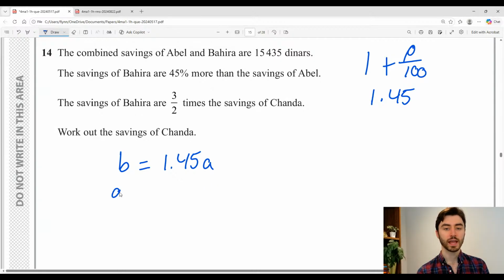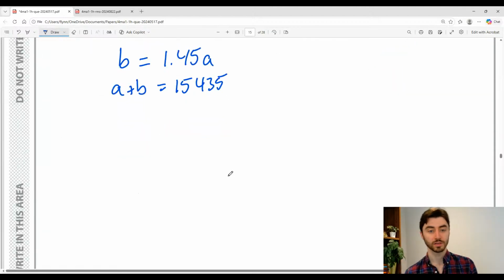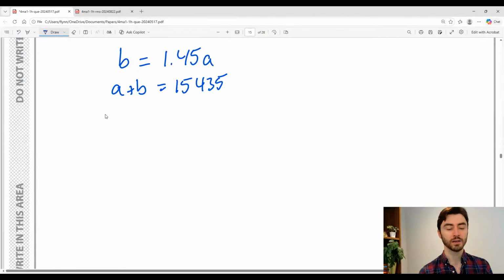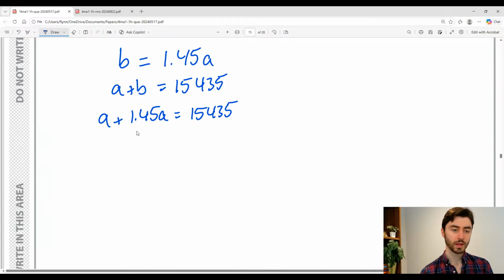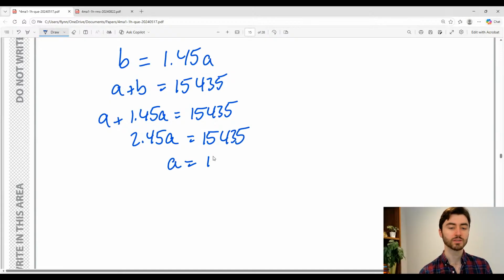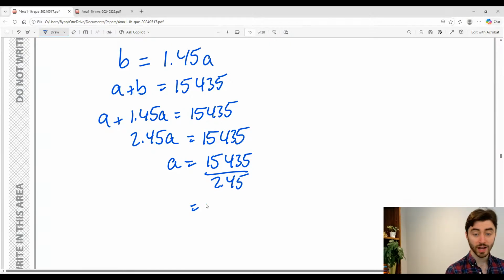And we have that A plus B is 15,435. This gives me simultaneous equations. So I can plug that B in here and get A plus 1.45A equals 15,435, which means that 2.45A is 15,435. So A is 15,435 divided by 2.45, which I am not good enough to do in my head.